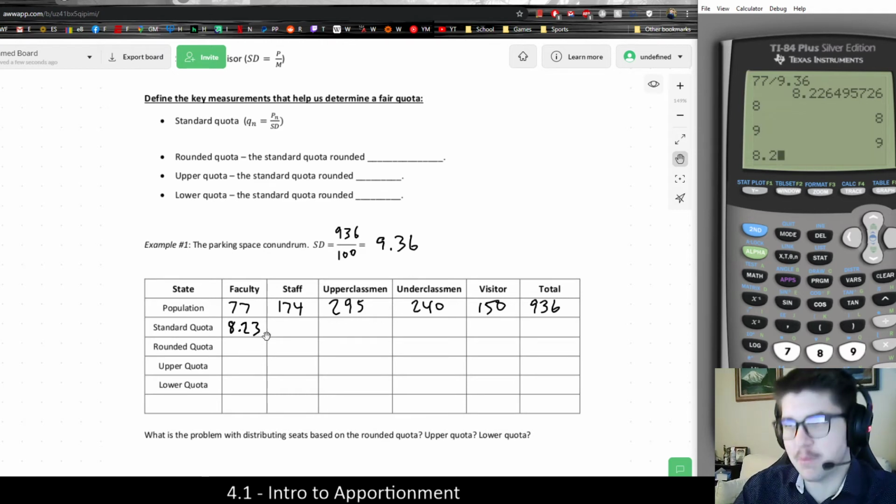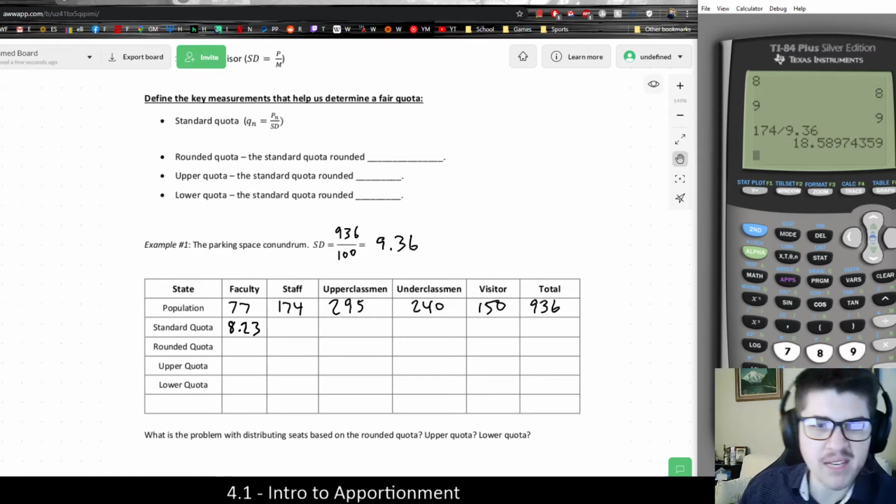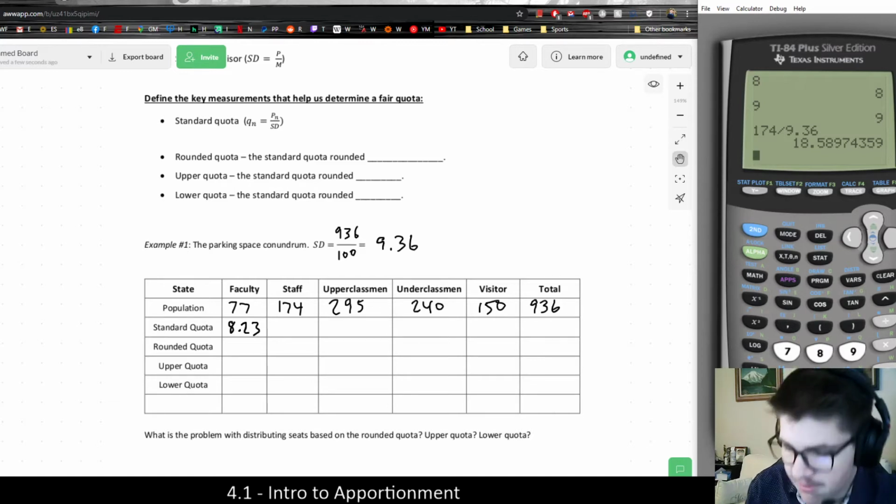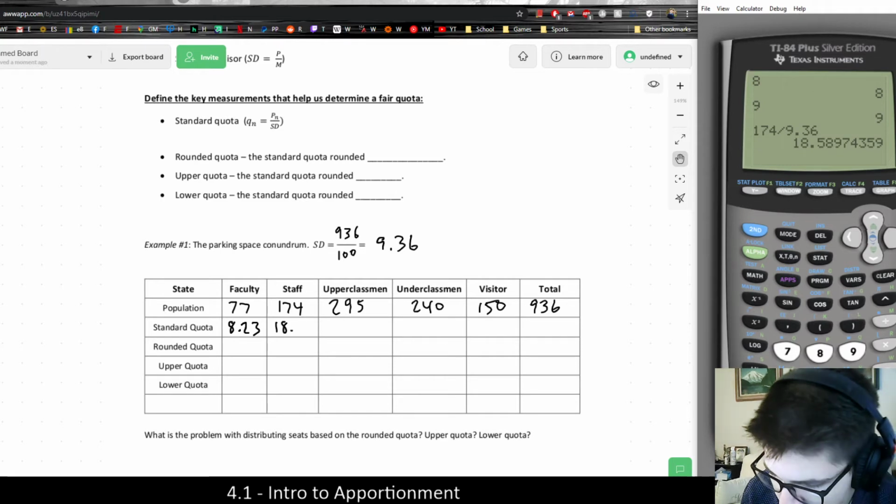This is an approximated value because I'm rounding it a little bit, but for our purposes and for most purposes in general, it's good enough to just round it off to 3 or 4 significant figures. In the case of the staff, their standard quota would be approximately 18.58.